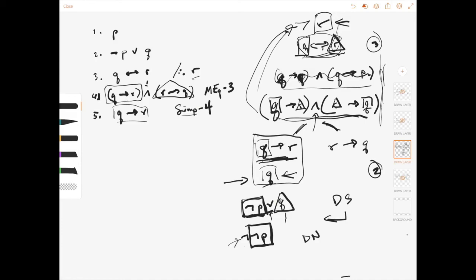So now that we have this, we need to get Q. So on line 6, we're going to set up the disjunctive syllogism by applying double negation to line 1. And on line 7, we're going to derive Q by disjunctive syllogism on lines 2 and 6. Okay, so let's see how that works.